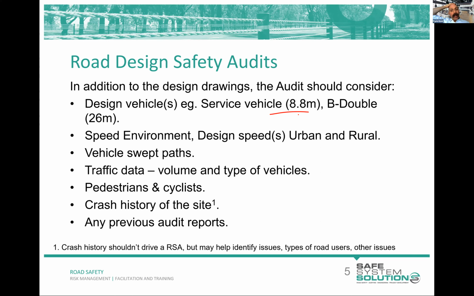Designers are very good at this, okay? So usually they've chosen an appropriate vehicle, they've thought about all of this. As a road safety auditor, we're doing that extra check of the logic. I'll show you a few swept paths shortly, and we'll explore this a little bit more.